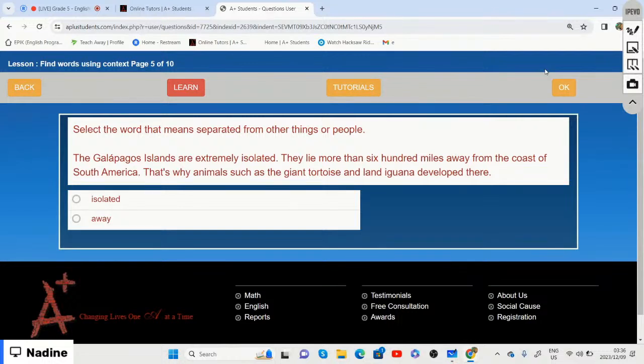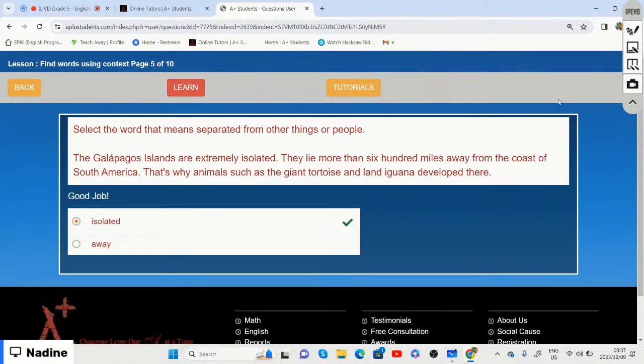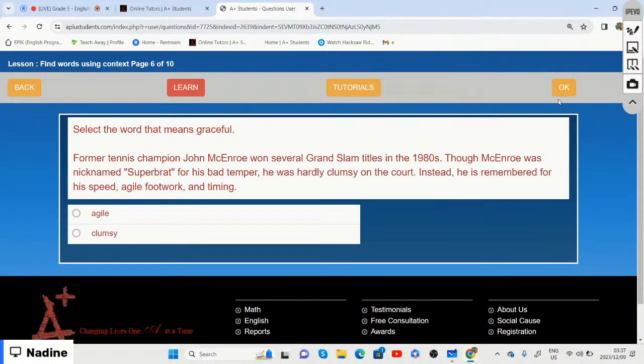The word that means separated from other things or people, we can say isolated, because isolated is a word that basically means you are being separated from other people or things. It's like you're kept away. All right, so number one is correct.